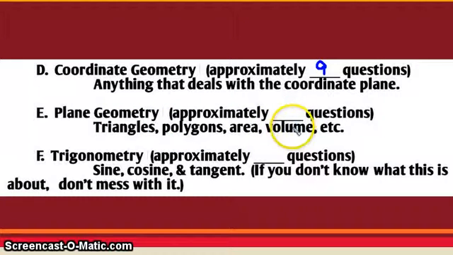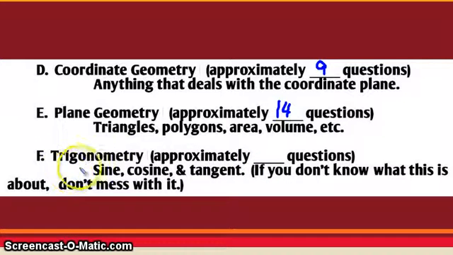So with plane geometry, you're going to have approximately 14 questions, and this is from research. All right, we're not just making this stuff up, but research over many ACT tests has found that on average you're getting 14 questions on plane geometry. So that's not something that you can skip when you're studying for the ACT.